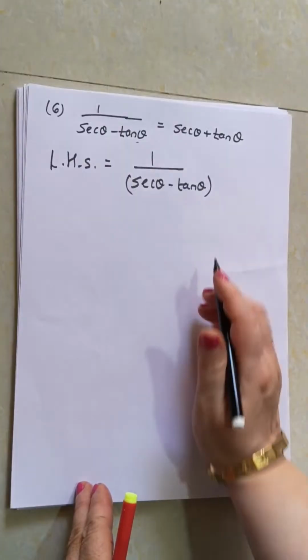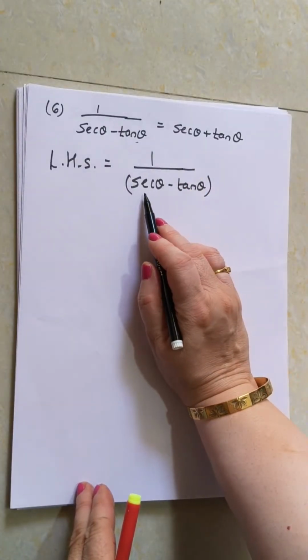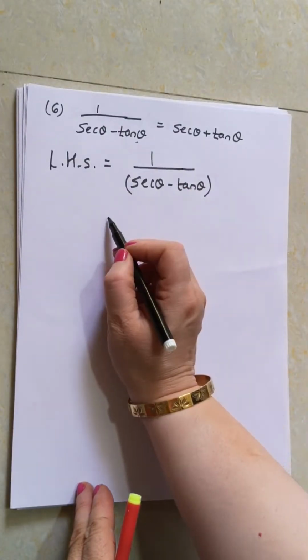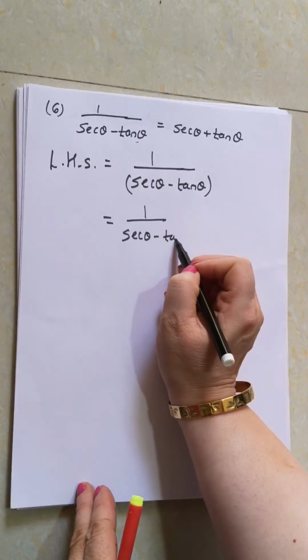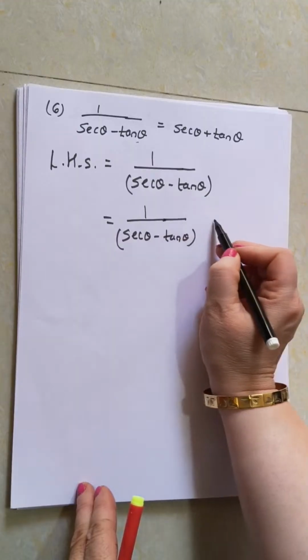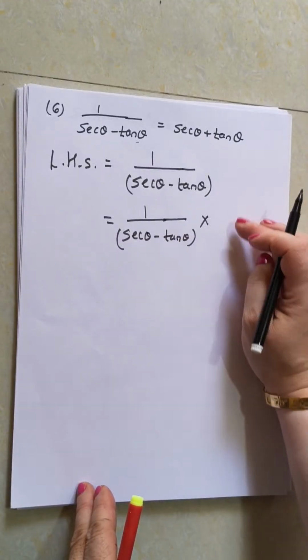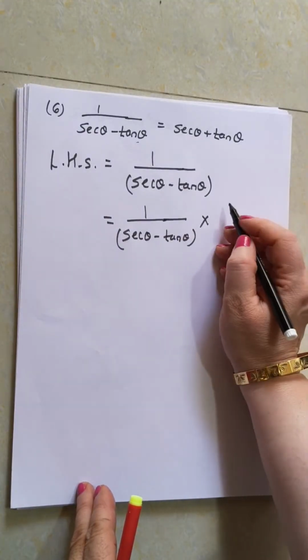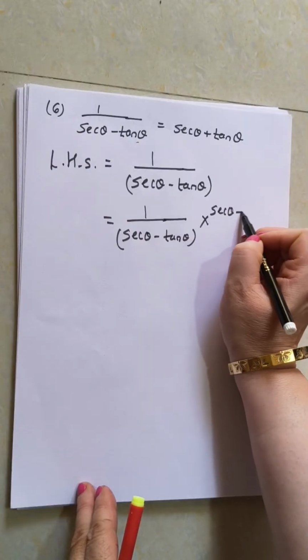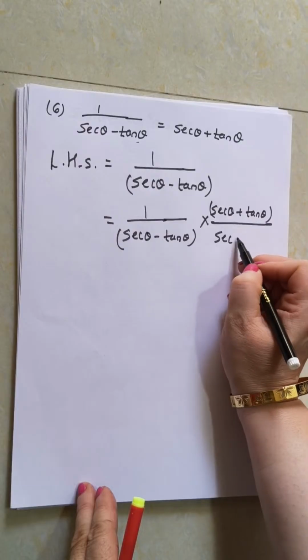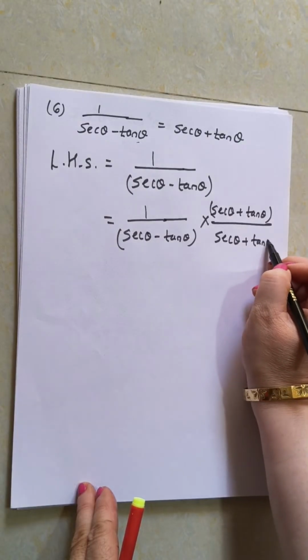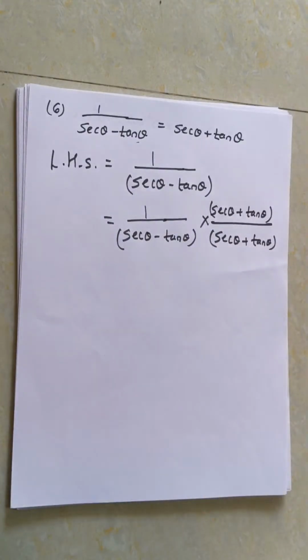So what I am going to do, with the conjugate sec theta plus tan theta, we are going to multiply and divide. So sec theta minus tan theta. In another bracket, we are multiplying and dividing by the conjugate. So sec theta plus tan theta upon sec theta plus tan theta. So thus we multiplied.